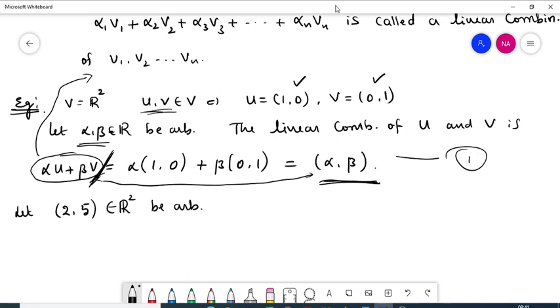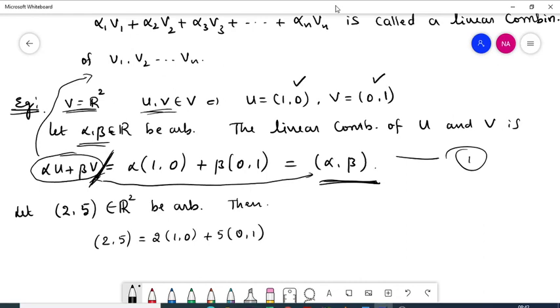Now I take arbitrarily two elements in V. Let (2, 5) belong to V, that is R square, be arbitrary. Then (2, 5) can be written as 2 into (1, 0) plus 5 into (0, 1).